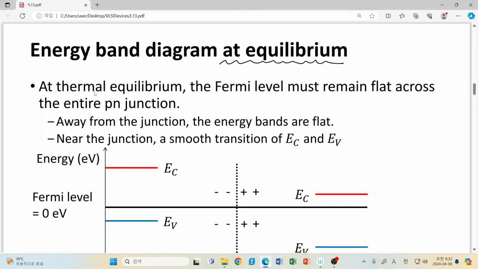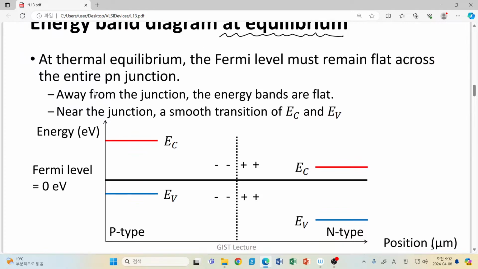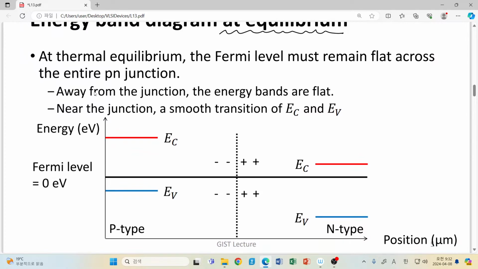That is not that surprising. At equilibrium, the Fermi level can be defined, and usually we set this Fermi level as 0 electron volts. So the Fermi level at equilibrium becomes the reference energy level.